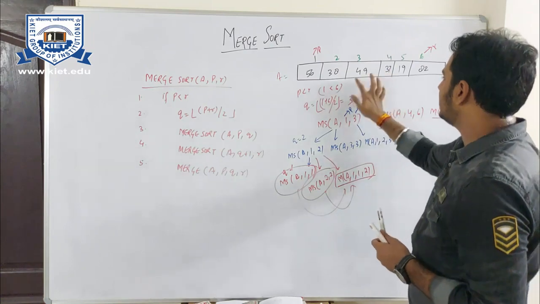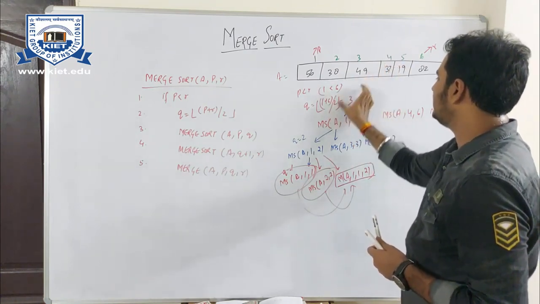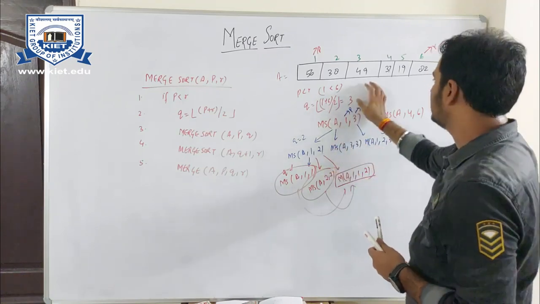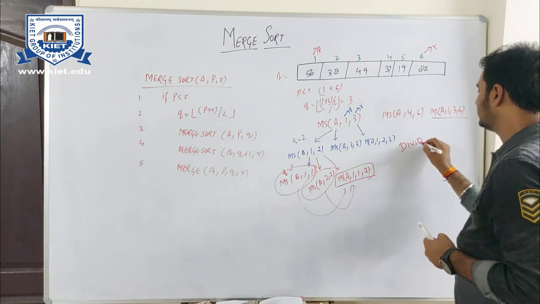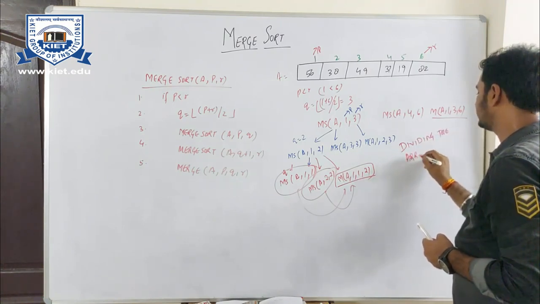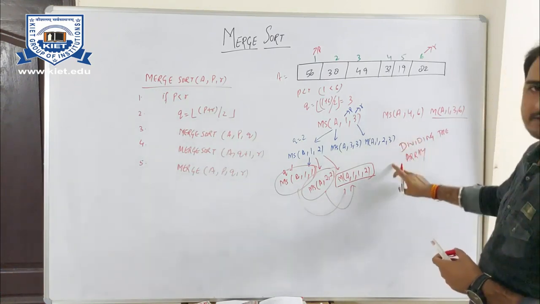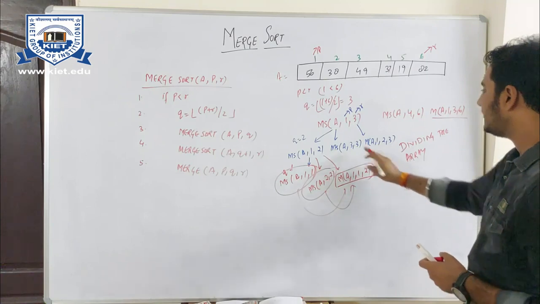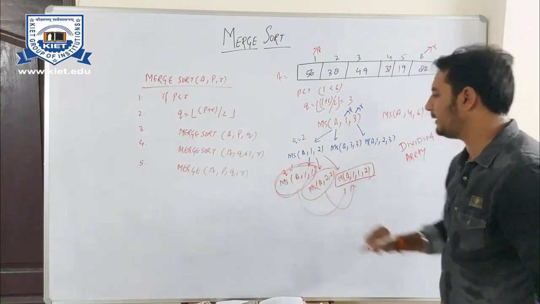So you are seeing that what you are doing is you are given an array, you keep on dividing the array by half every time, reducing it to half of its previous size. Then at the end you are solving this problem independently.